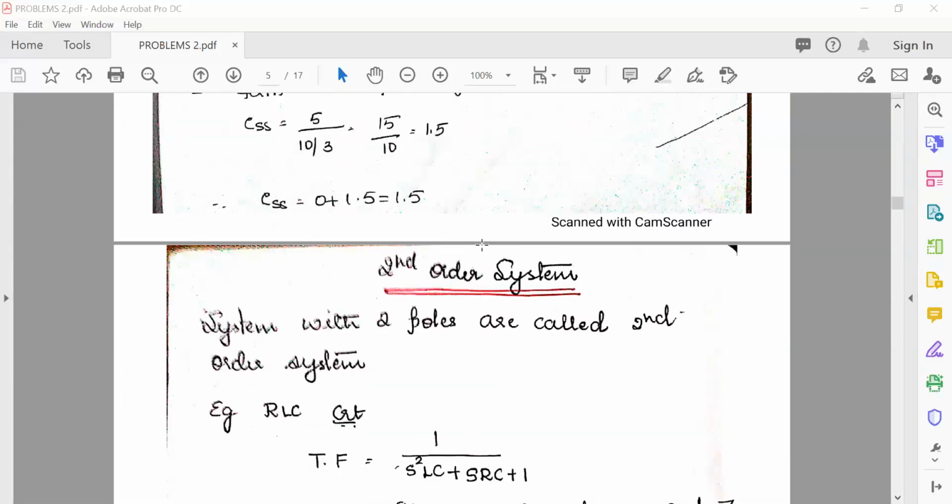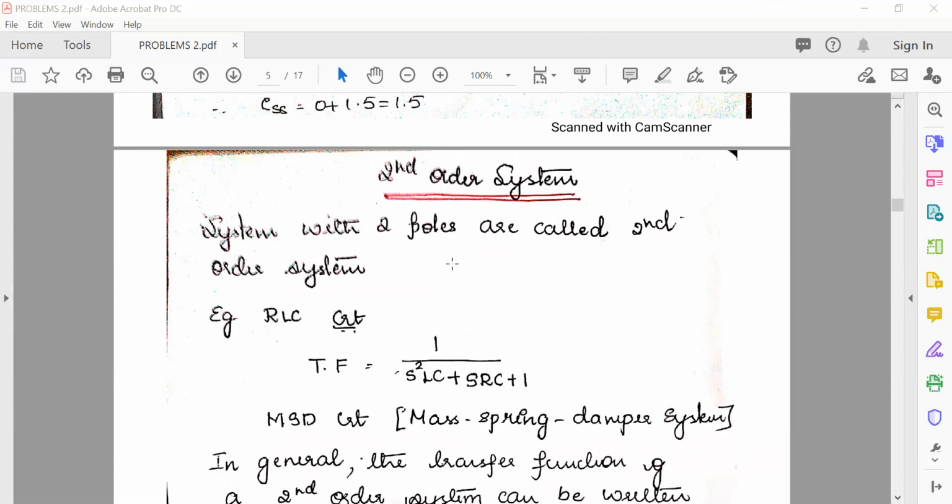Okay, so these are the problems referring to the steady state error. Now coming to the second order system, let us see the second order system and related problems. We have already finished the derivation part.